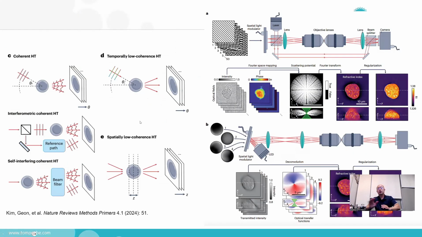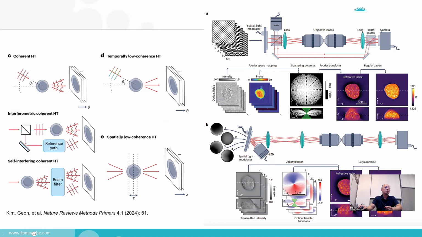Okay, so I don't have time to go through all the different variations of techniques to realize HT, but in terms of the illumination source, you can think about the use of a coherent laser beam, or you can use temporally low coherent light, and you can also think about spatially low coherent light and so on.